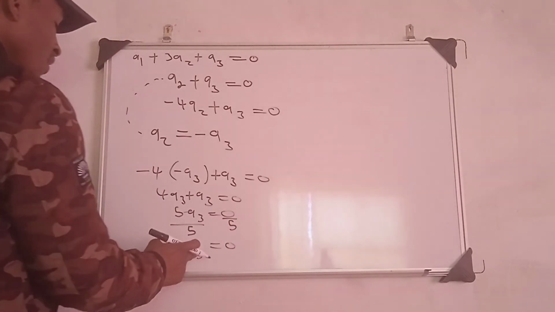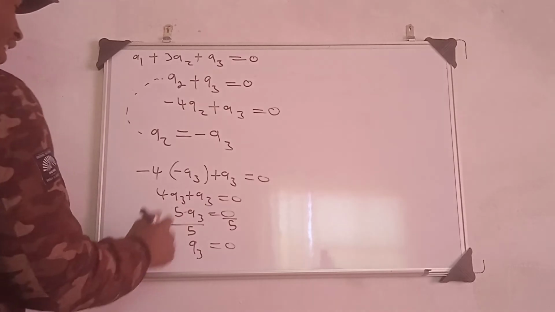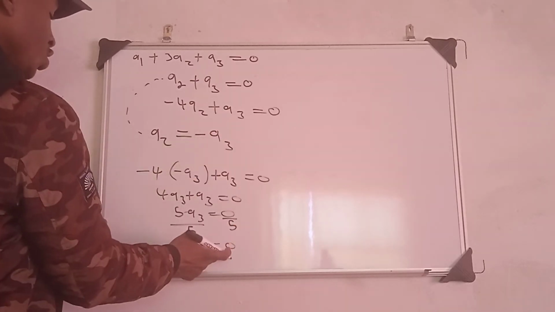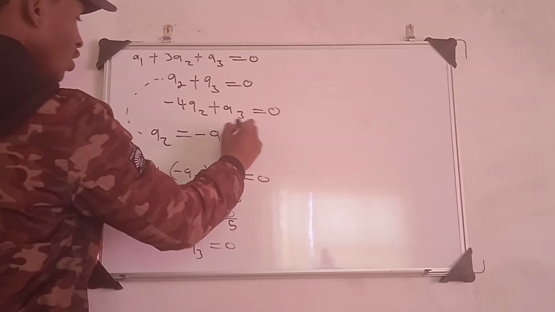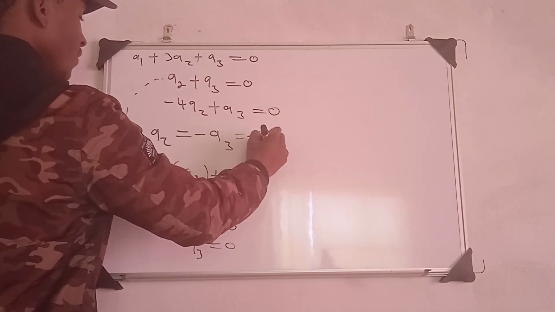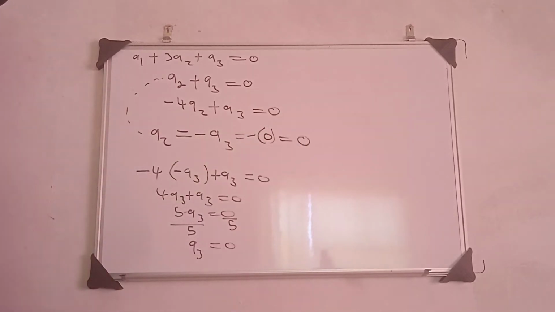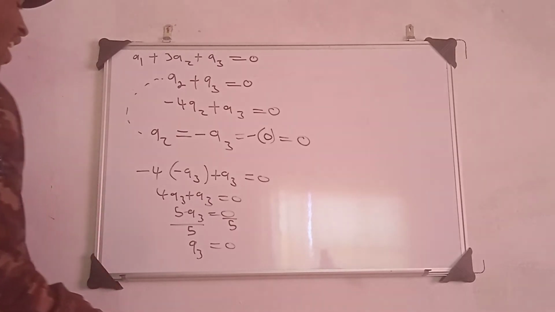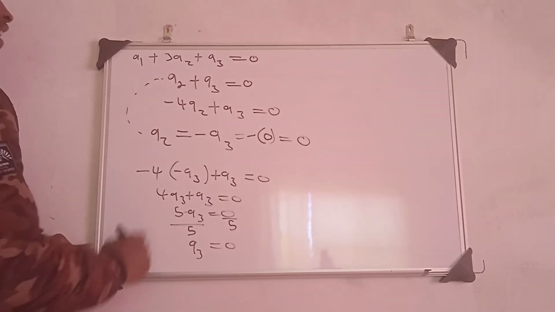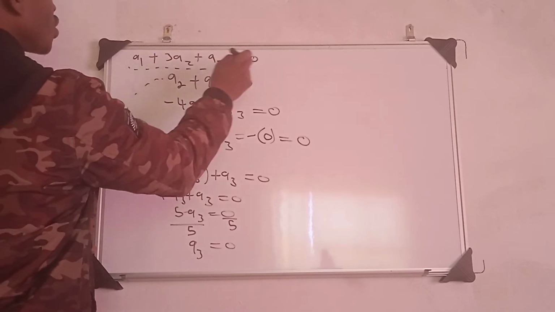So since I'm having A3, I can come here and substitute this 0. So it will be minus 0 here. So my A2 is just 0. So since I'm having A2 and A3 to be zeros, I can come here and substitute.